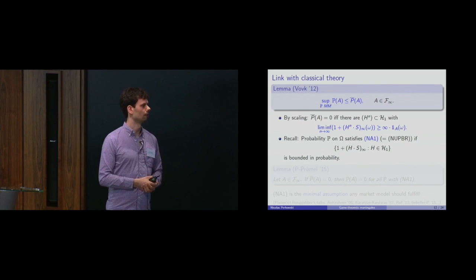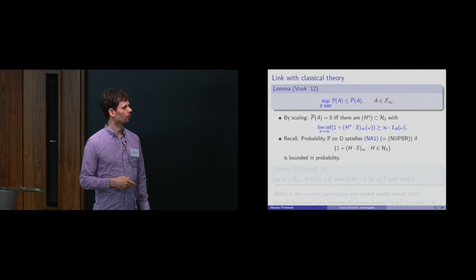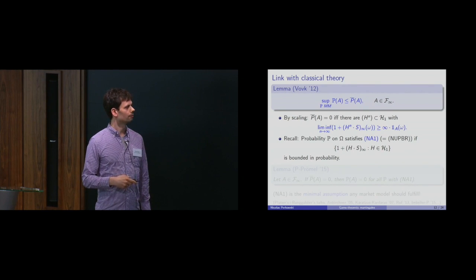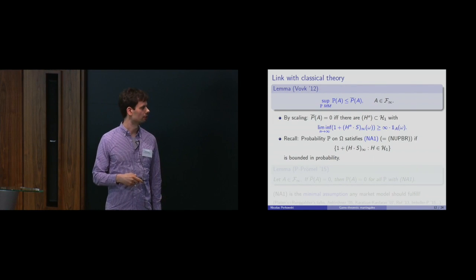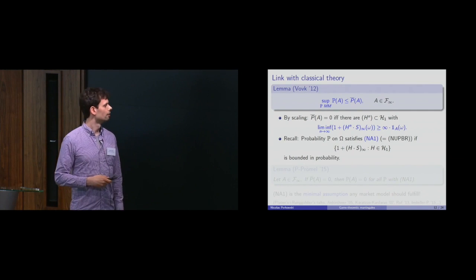And here's the link to the NA1 measure. So we saw this several times. A measure satisfies NA1 or NUPBR if this set is bounded in probability, where we take the one admissible simple strategies at infinity.